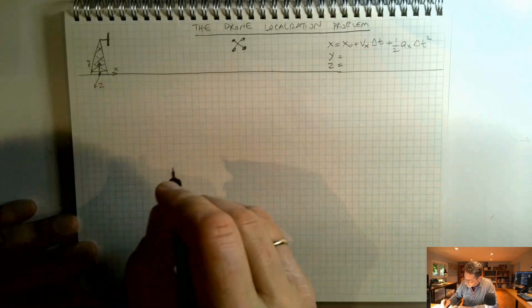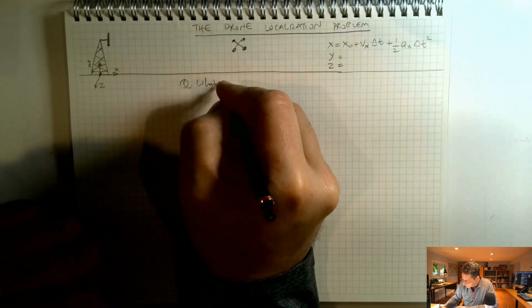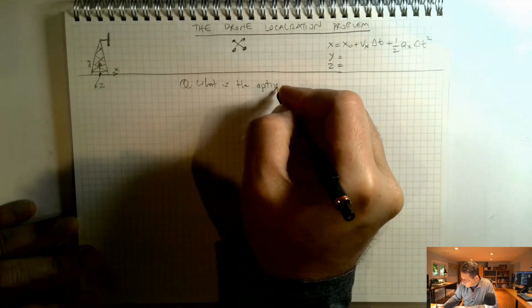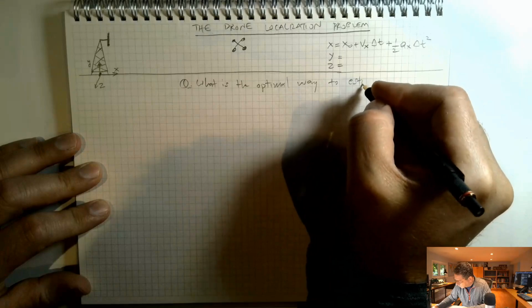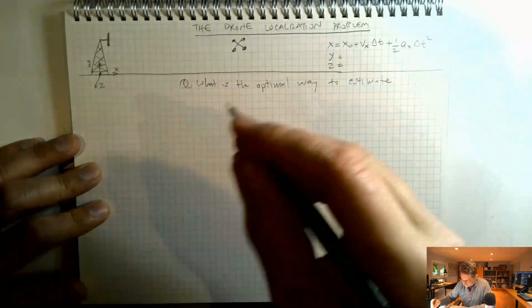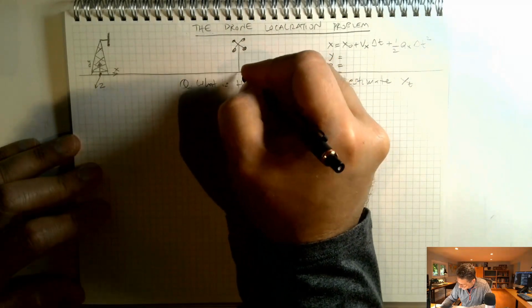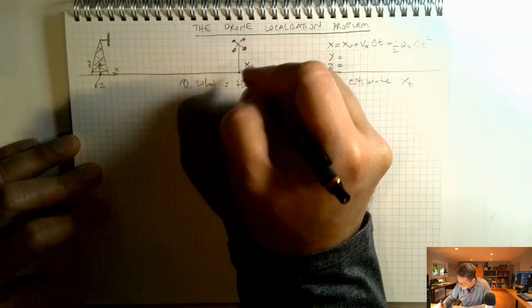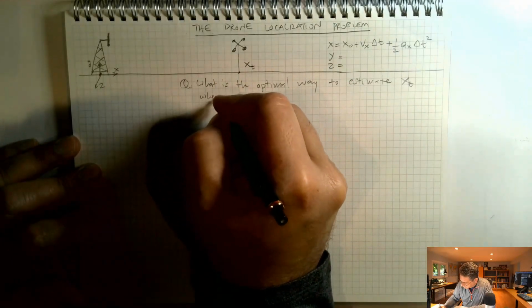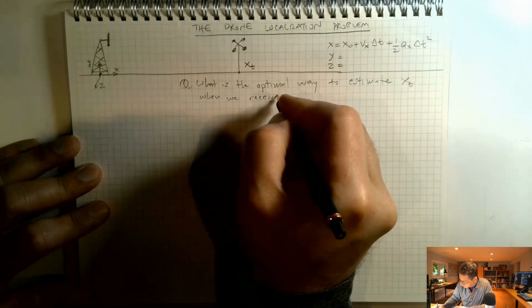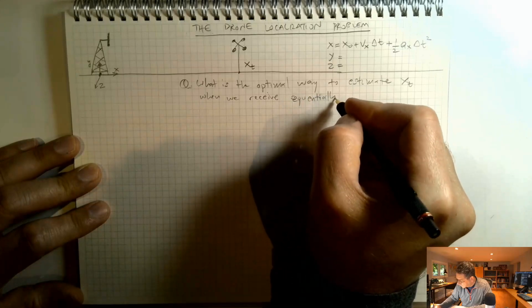The question that we are posing here is the following: what is the optimal way to estimate xt, the location at every moment in time, when we receive measurements sequentially?